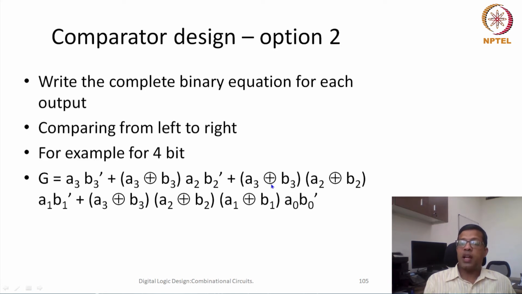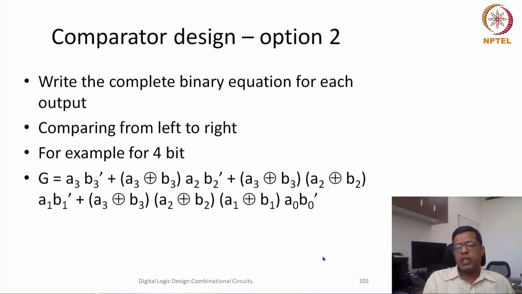Or A3, B3 are the same, A2, B2 are the same, but A1 is 1 and B1 is 0, or all the 3 bits are the same, sorry, and A0 is 1, B0 is 0. So this essentially takes care of all the conditions, and this would be the binary expression or binary function for G. Similarly, we have to find out the binary function for less than as well as equal to.